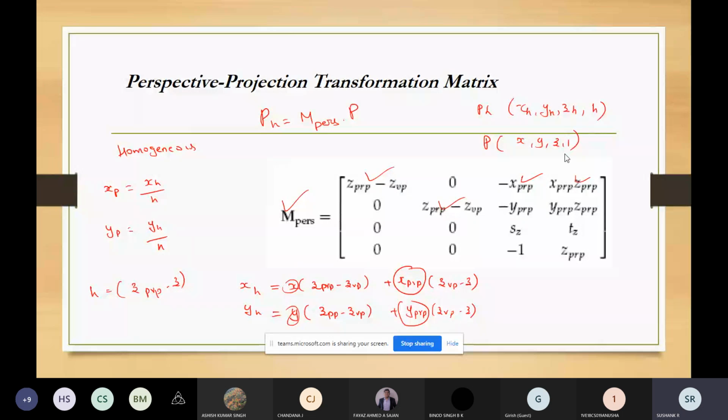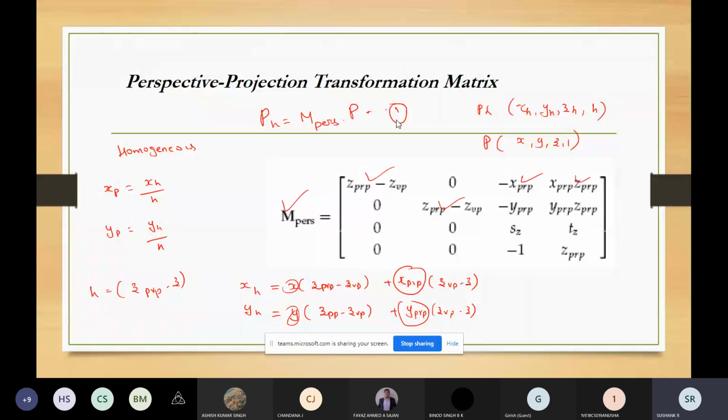Getting this perspective transformation is a two-step process. First, you calculate the homogeneous coordinate using the formula which I have written. You can take it as equation 1.